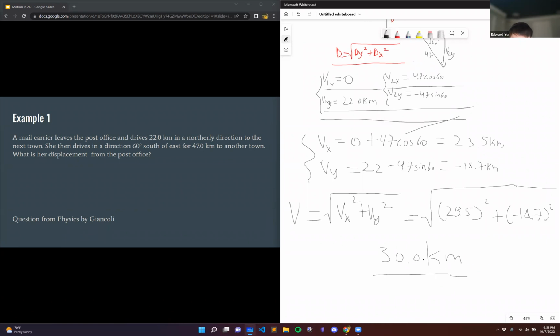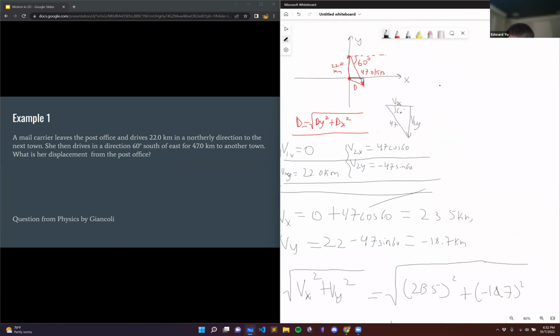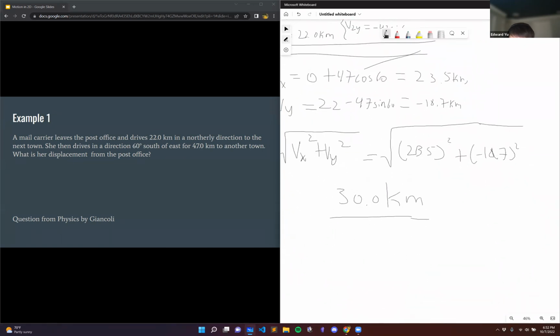Okay, so now if we go even further and try to find, for example, this angle right here for this D, it would be dy over dx. So tangent of theta is equal to dy over dx. We found that as negative 18.7 over 23.5 kilometers, so we find the arctangent of this.